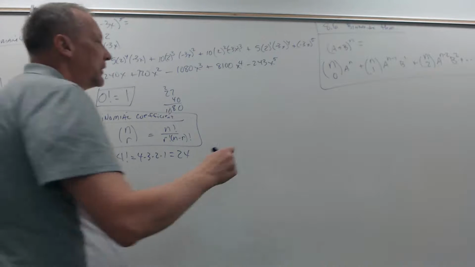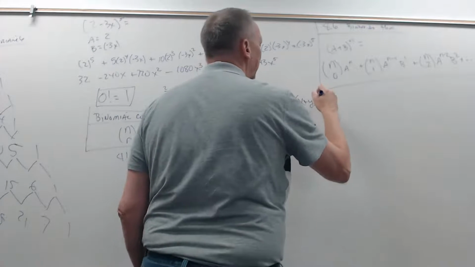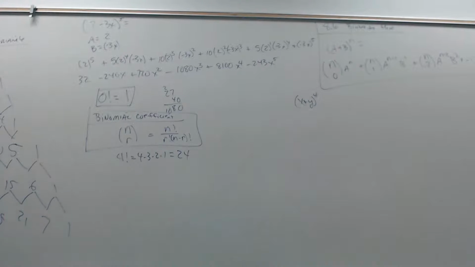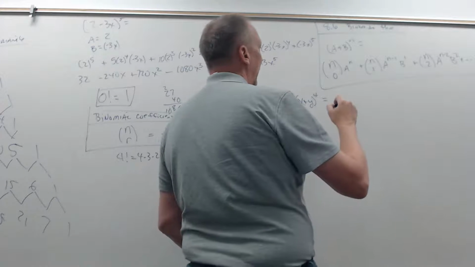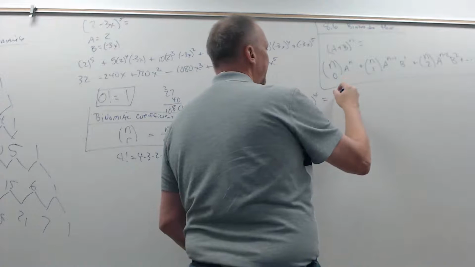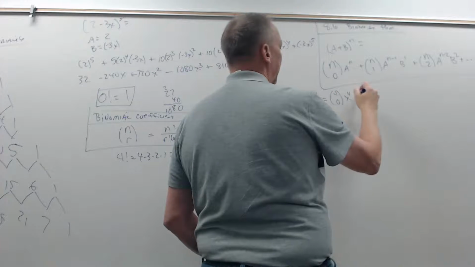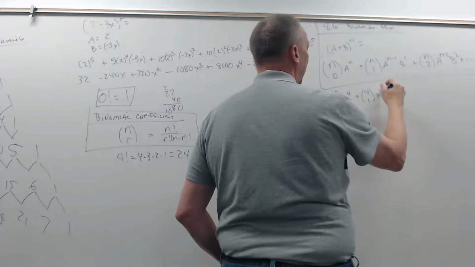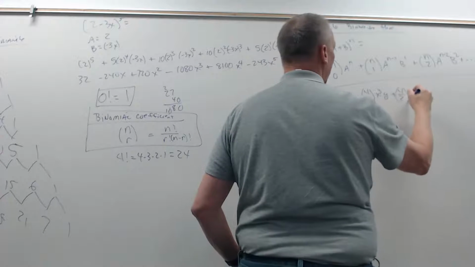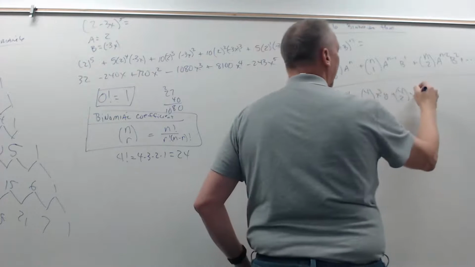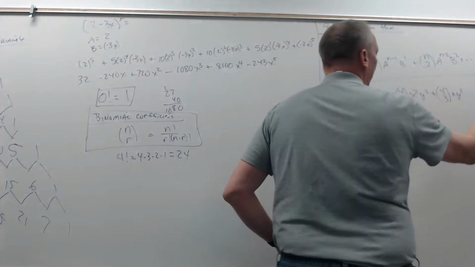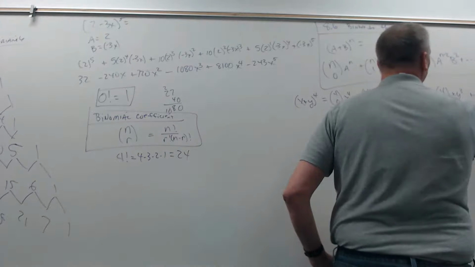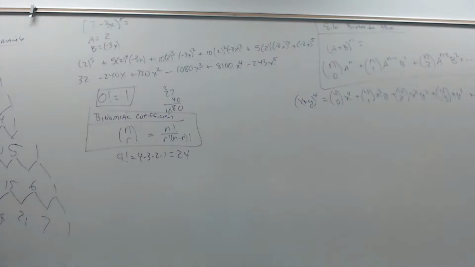If I wanted to do x plus y to the 4th power, and I didn't want to remember what Pascal's triangle was, essentially what this means is you're going to have 4 choose 0, x to the 4th, plus 4 choose 1, x to the 3rd y, plus 4 choose 2, x squared y squared, plus 4 choose 3, x y cubed, plus 4 choose 4, y to the 4th. Does that make sense so far?